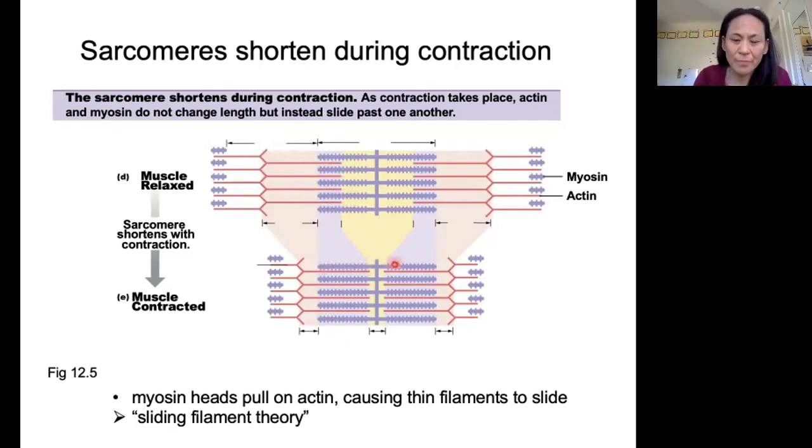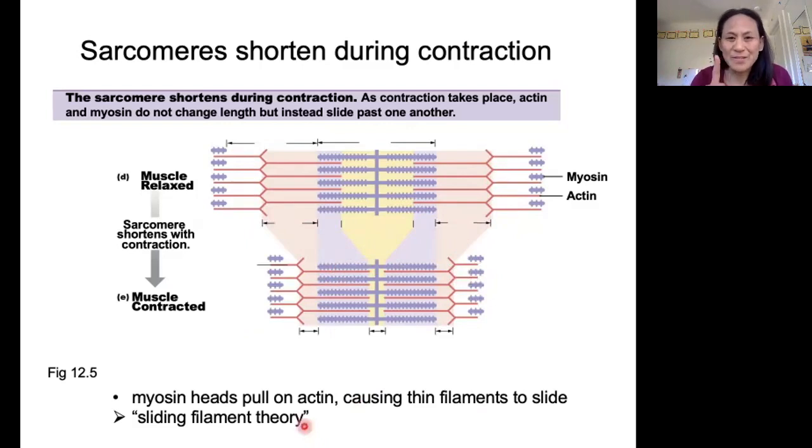So the myosin is the thick filaments. The myosin heads pull on the actin, okay? And they end up pulling the thin filaments closer to each other, so that you get more overlap between the thick and the thin filaments. As a result, on a macro level, this whole structure, this sarcomere, ends up shortening. Okay, so you can see that this distance is longer than this distance right here. Okay, and we call that the sliding filament theory of contraction.